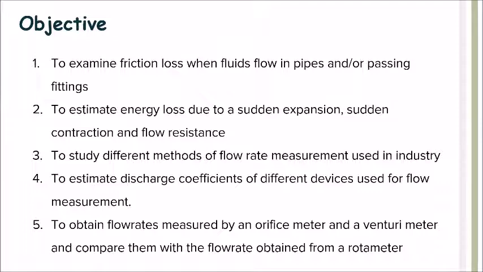Third, to study different methods of flow rate measurement used in industry. Fourth, to estimate the discharge coefficient of different devices used for flow measurement. Fifth, to obtain flow rate measured by an orifice meter and a venturimeter and compare them with the flow rate obtained from a rotameter.